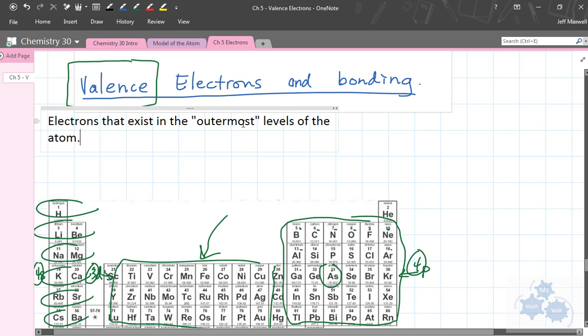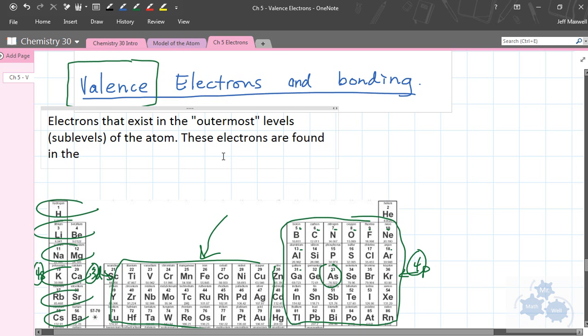And of course, when we talk about outermost levels of the atom, I'm going to put in there too, we're talking about the sublevels, or the orbitals. These electrons are found in the s and p orbitals only.